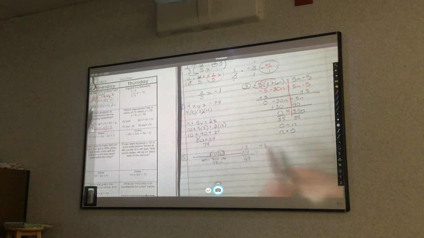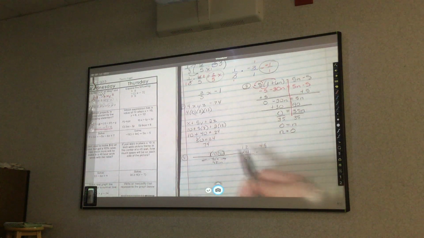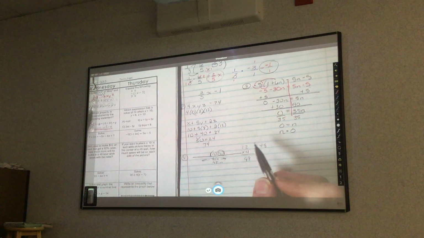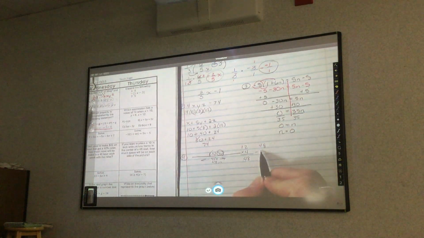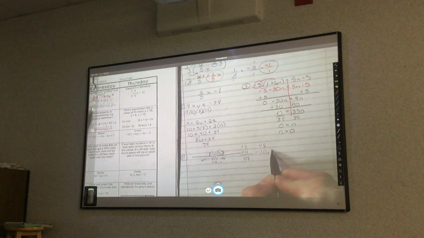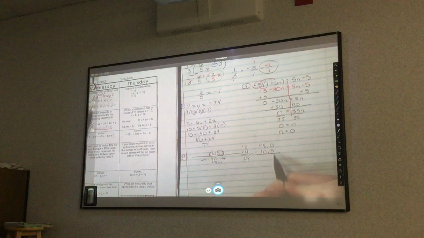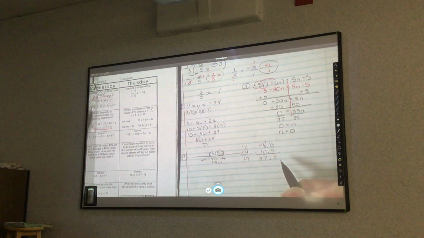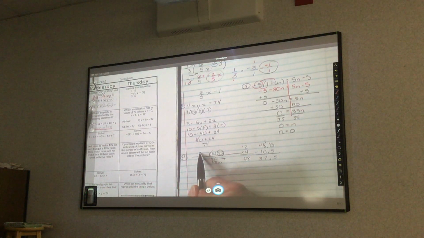You don't have to. How many of you changed that to a decimal? How many of you left it as a fraction? Okay, you'll come up with the same answer. So I've got 10.5. So I have to borrow. 37 and a half inches, but now I want to know what's on each side.